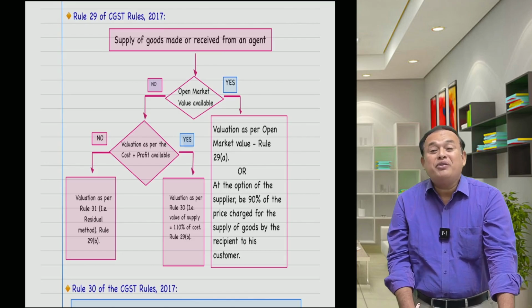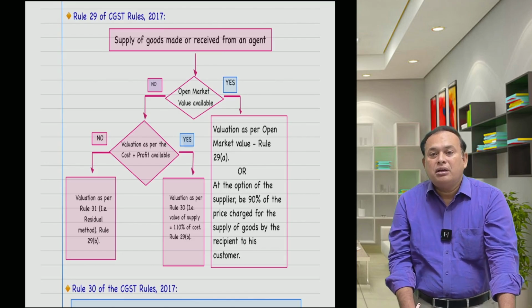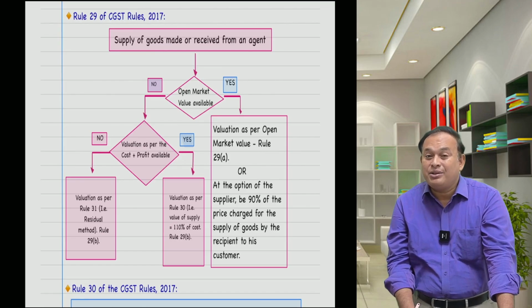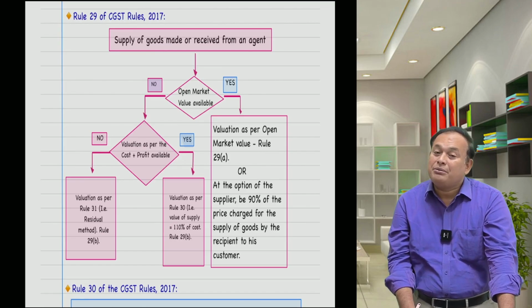That means, what we understood in rule number 28, first proviso, I explained: the head office, Chennai, supplies the goods to the branch office at Hyderabad, where the branch office of Hyderabad sells at 2,10,000, of which 90% is 1,89,000. Like that we understood. That concept applies here.